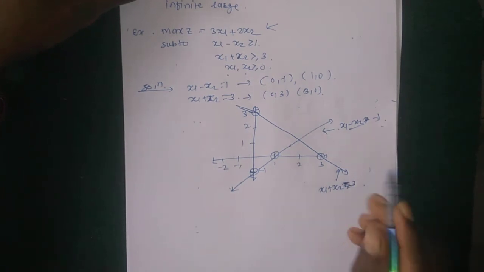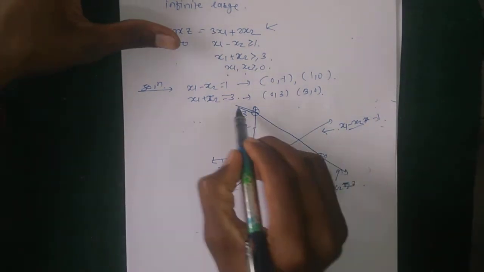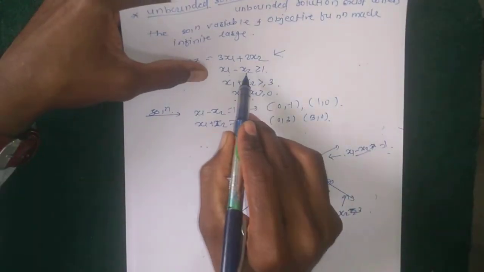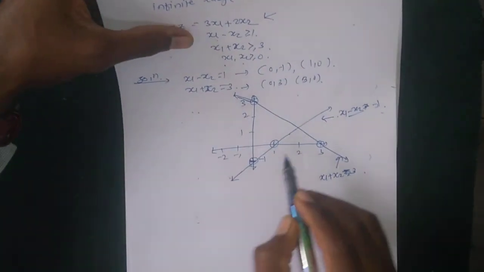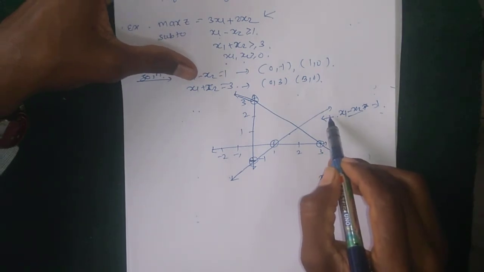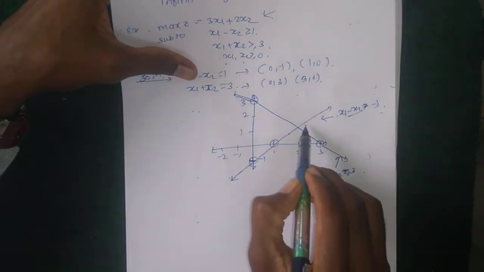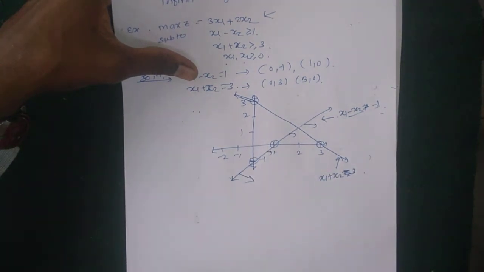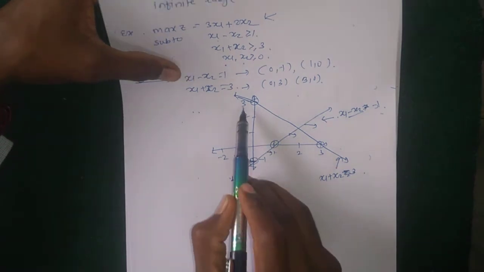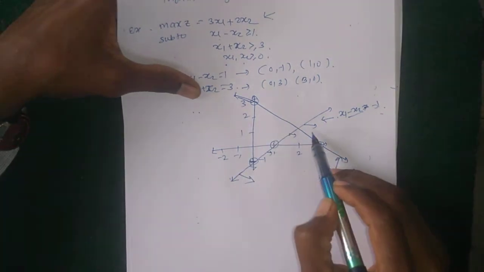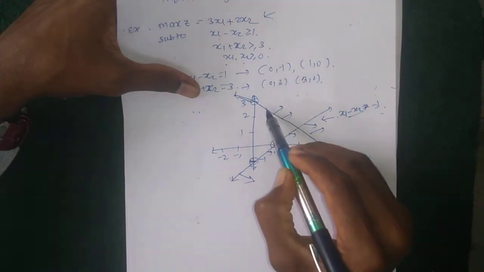Here the constraint x1 minus x2 is greater than or equal to 1, so the portion is on the below side of this line. And x1 plus x2 is greater than or equal to 3, therefore the portion is on the upper side of this line.